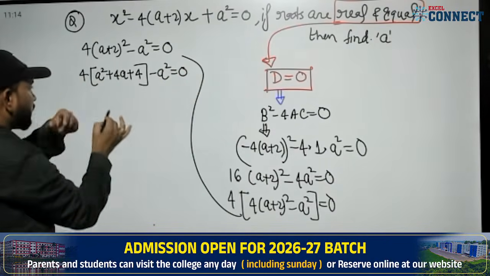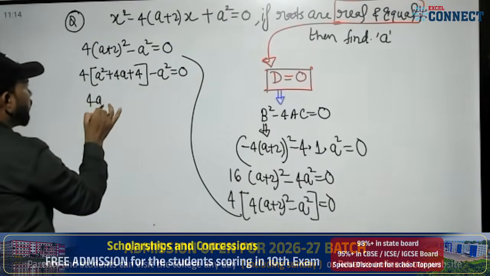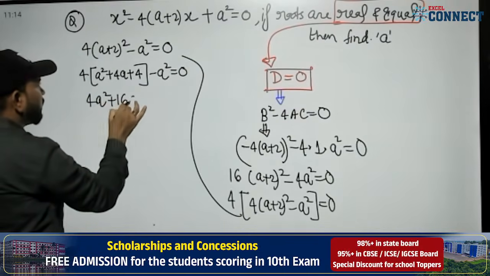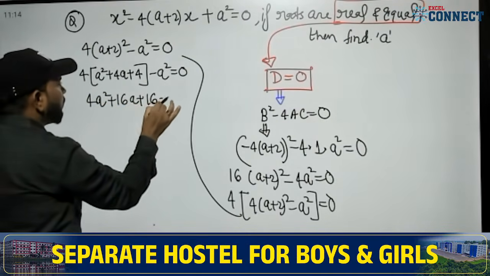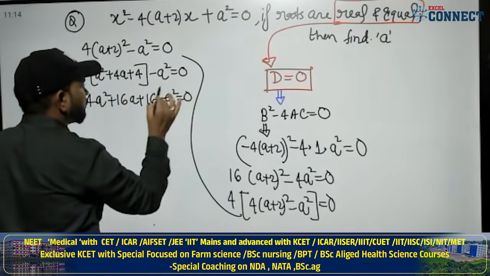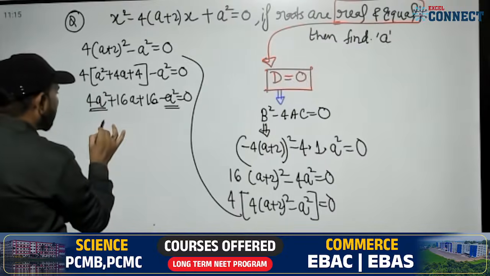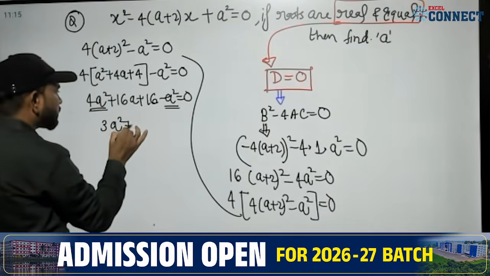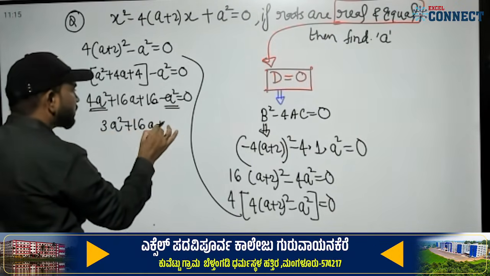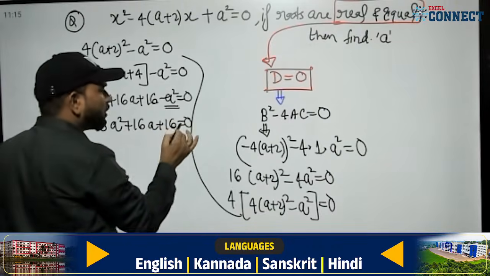Now multiply 4 here: 4a square plus 16a plus 16 minus a square is equal to 0. Now 4a square minus a square is 3a square, so 3a square plus 16a plus 16 is equal to 0. Yes or no?